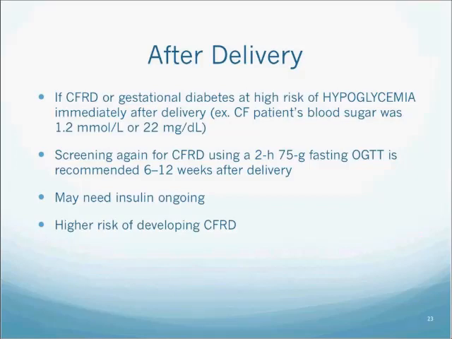If anything, most of their insulin can be cut back and they don't need to take it, especially the basal insulin, but the rapid-acting insulin, of course, if they're eating, is very important. It's important to minimize any risks of hypoglycemia. For patients who didn't previously have CFRD, they may still need insulin ongoing, or they may not afterwards. And as mentioned, they still have a higher risk of developing CFRD in the future.